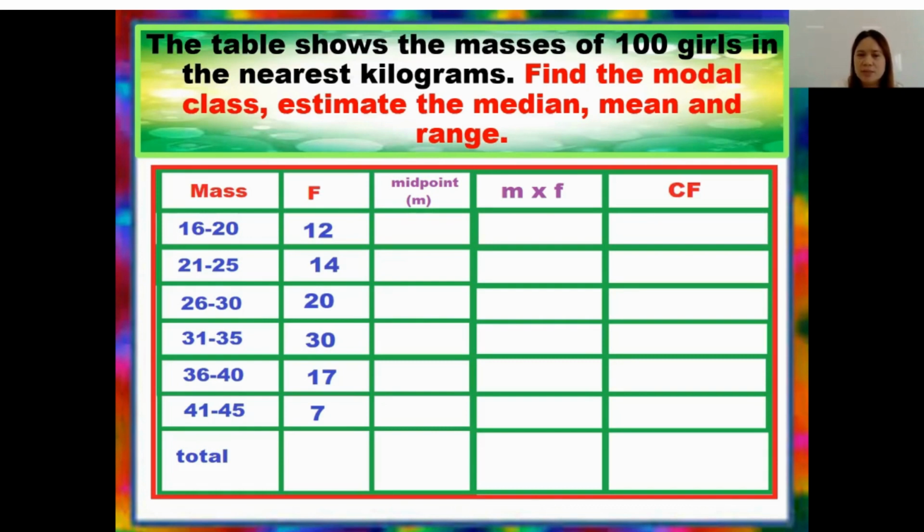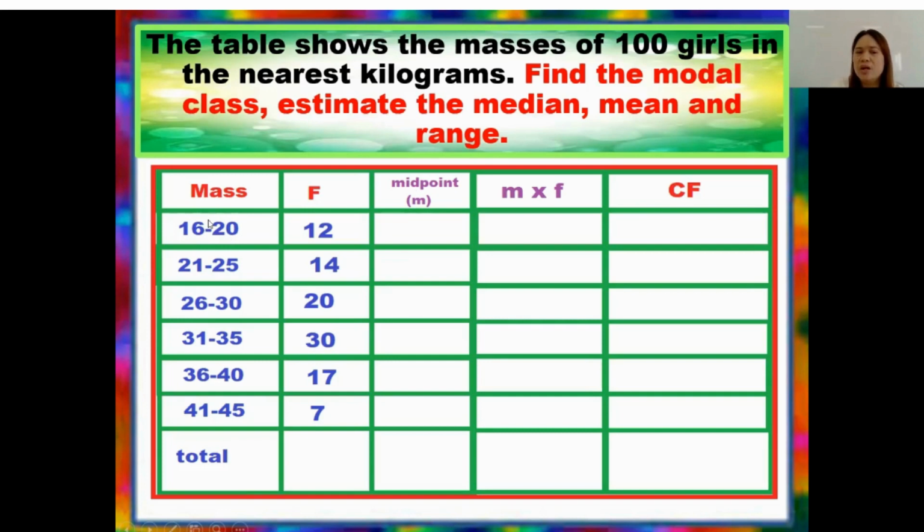All right? Now, since we have masses from 16 to 20, we need a column called midpoint, or the middle value. How do you find the midpoint? You simply add these two numbers, 16 plus 20, and divide by 2.